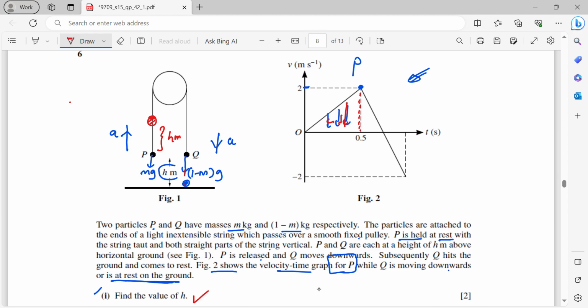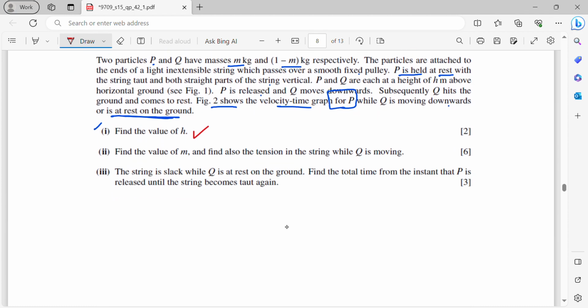You just count the area under the curve when it reaches the highest speed for particle P. That means here it is going to be the area of this triangle. So for my solution, I will just write the displacement equals the area under the VT curve.